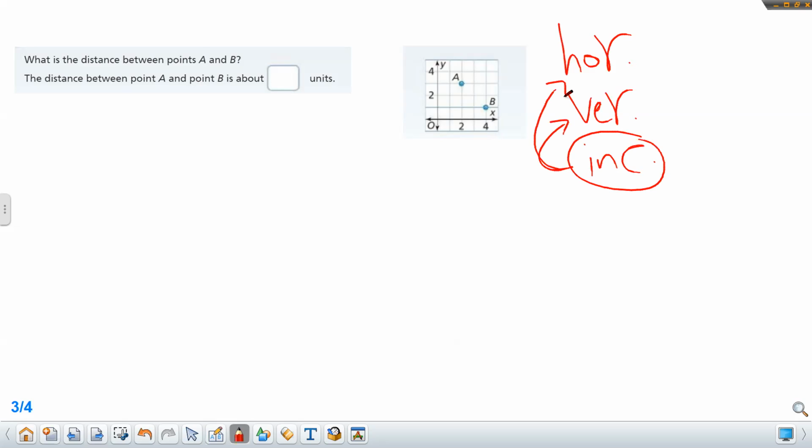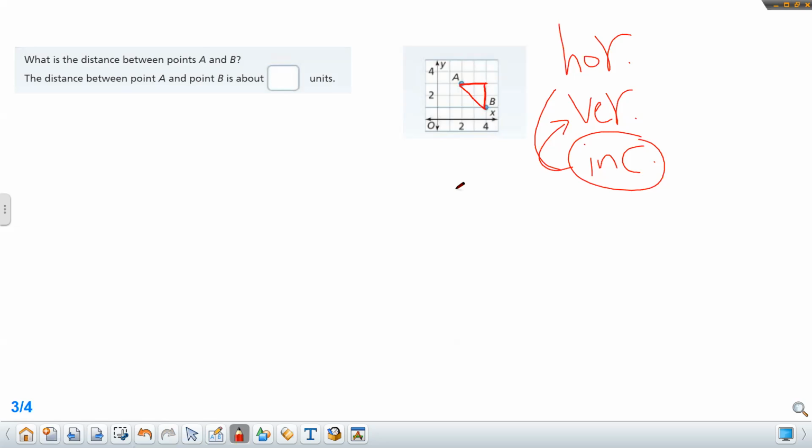How? Tell me how. First, from A, I can draw a horizontal distance or vertical distance, as you like. For example, I will draw a horizontal line from A to this point and from B to the same point. They must meet. Then connect AB.